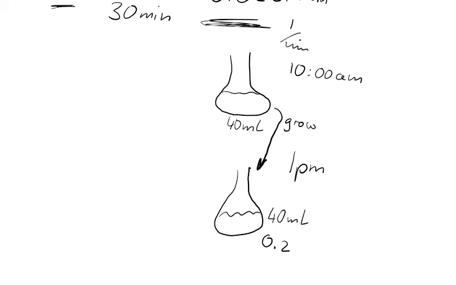Yeah? So we set up our experiment, we set up the culture at 10 o'clock with a certain amount of bacteria, let them grow, and by 1 o'clock we have an absorbance of 0.2.